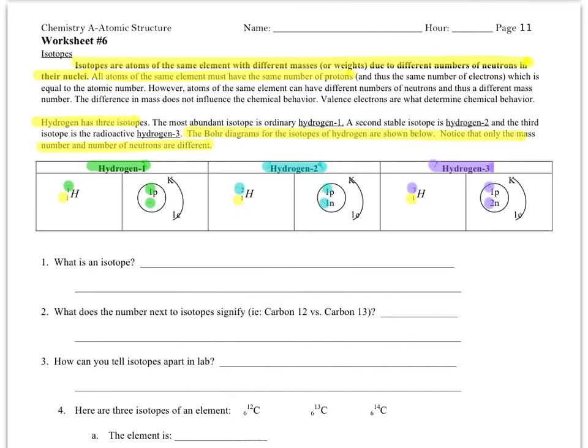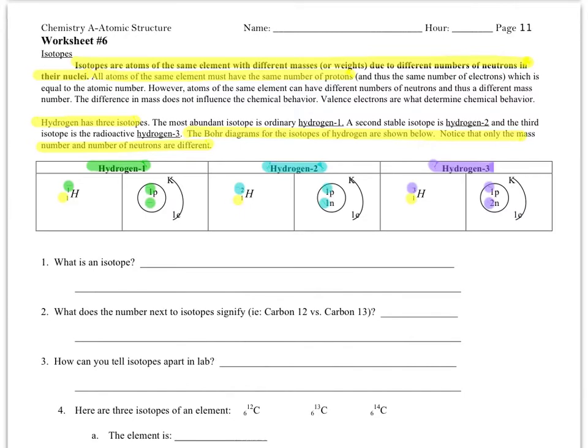So if I'm talking about an atom of carbon, then it is always, no matter what, going to have 6 protons. That atomic number is what makes it carbon. And as soon as you change that atomic number, it's not carbon anymore.